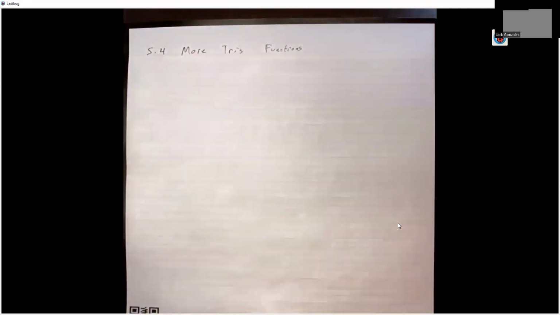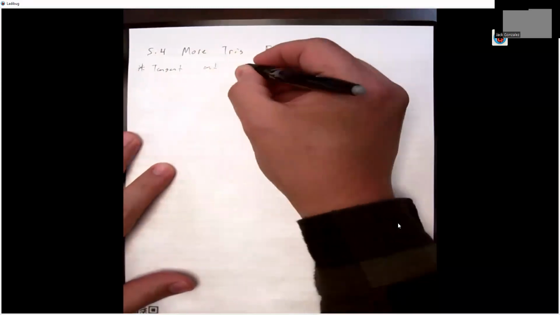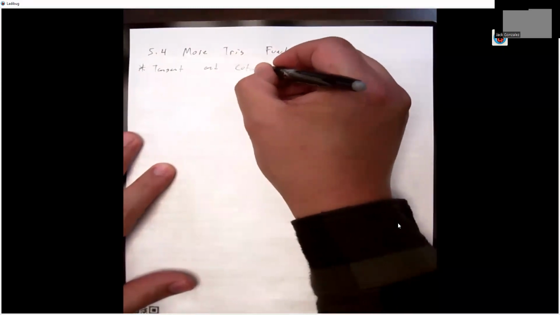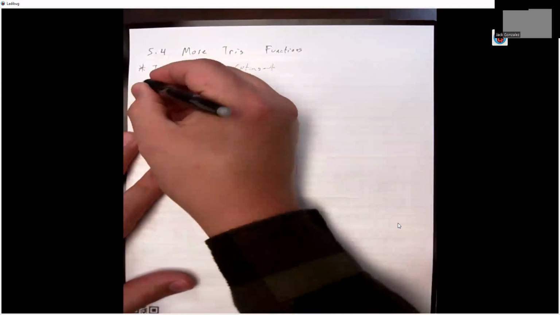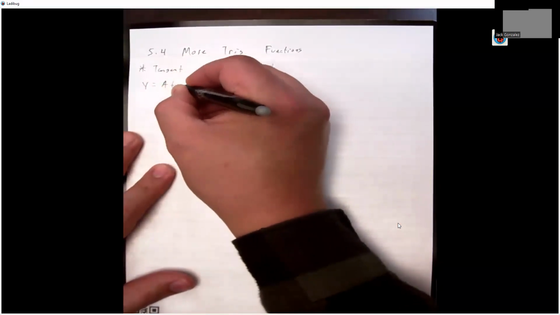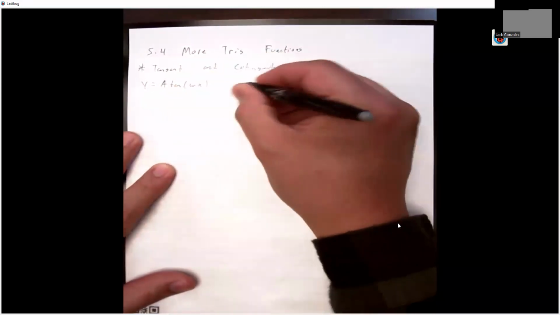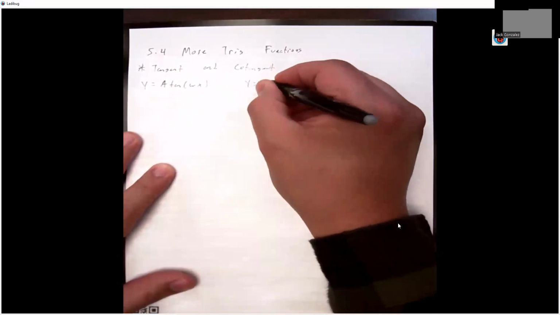Okay. This section is literally called more trig functions. The tangent and cotangent. So here are the general ones from the book. A tan of omega x and a cotan.